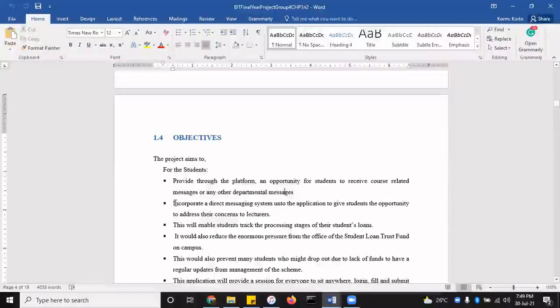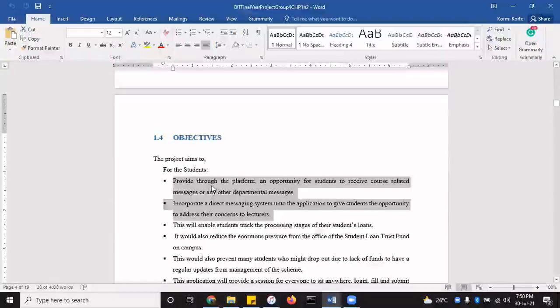The second one, incorporate a direct message system into the application to give students opportunity to address their concerns. So this and this one here can be fused together as one objective because it's talking about the same messaging platform. So that's why I use the words to build a dynamic messaging platform that would cover these two bullet points. So I've grouped this into just one objective.